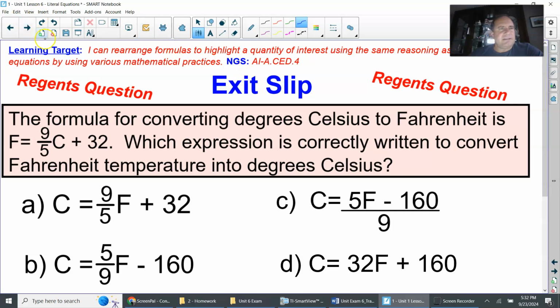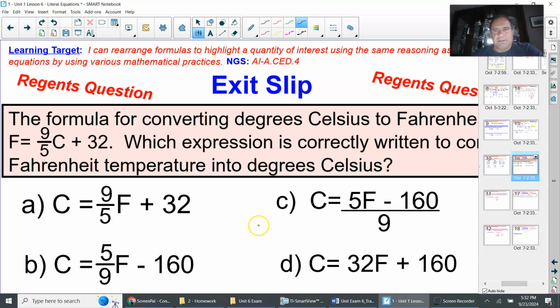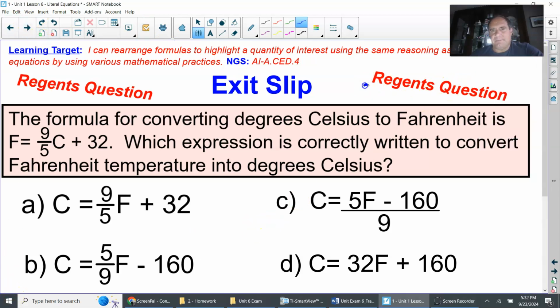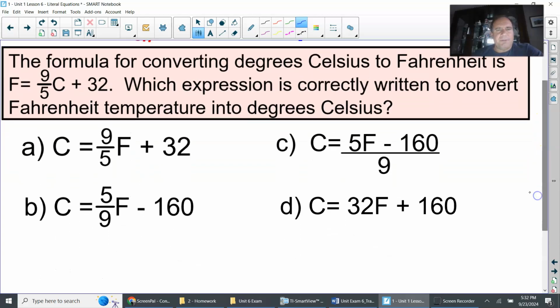All right, exit slip. The first exit slip. So there's the formula that they always love to put on the regions. 9 over 5 C plus 32. And it says the formula for converting Celsius to Fahrenheit is that.